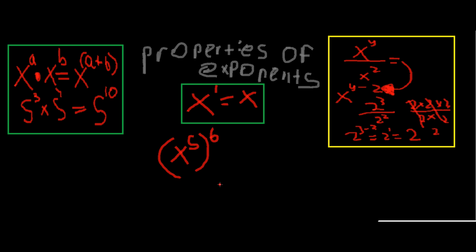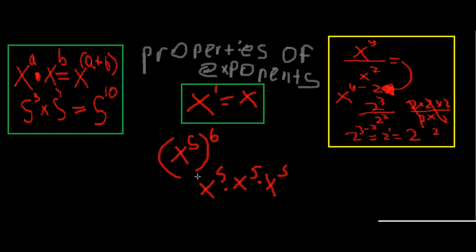You could write x to the fifth times x to the fifth times x to the fifth. But if you have something like 20 here, you're not going to want to write that out. So it's useful to know the property I'm about to show you. But let me just write it out.